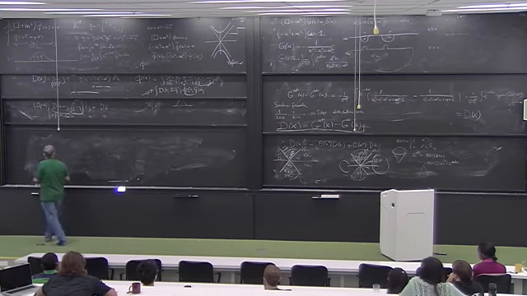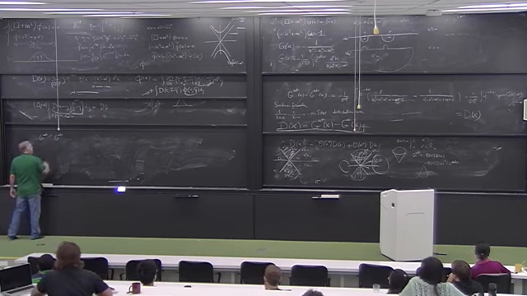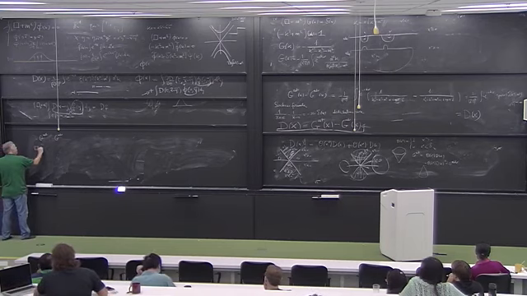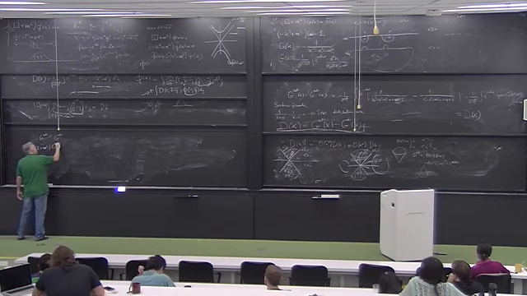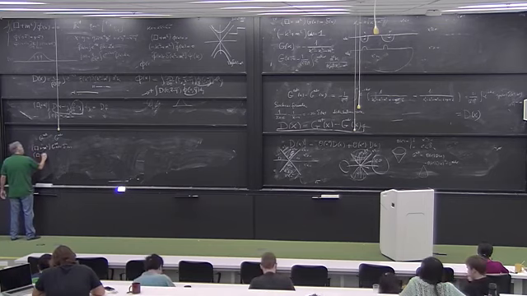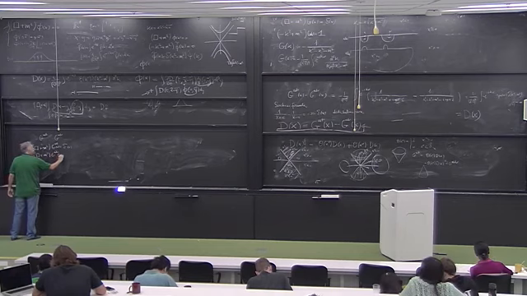What is the use of the retarded and the advanced propagators, since they solve this equation? They both solve this equation, but they solve it in different ways.